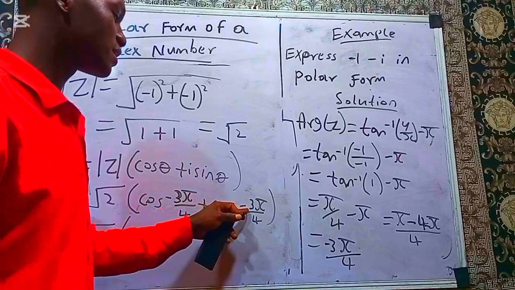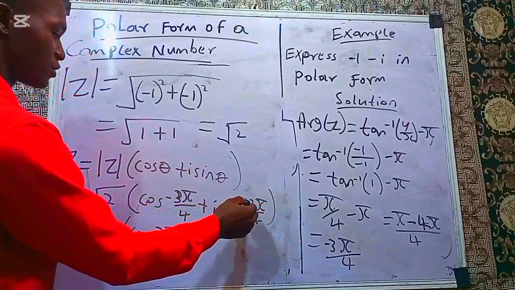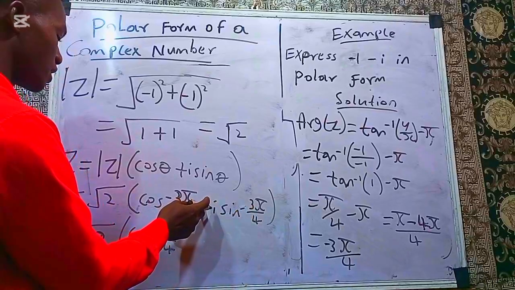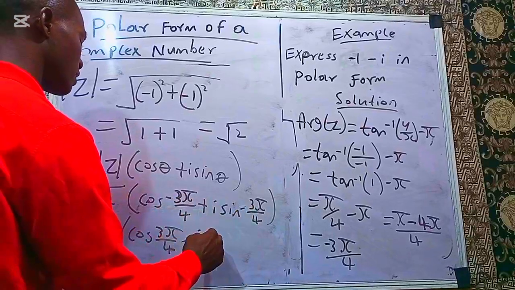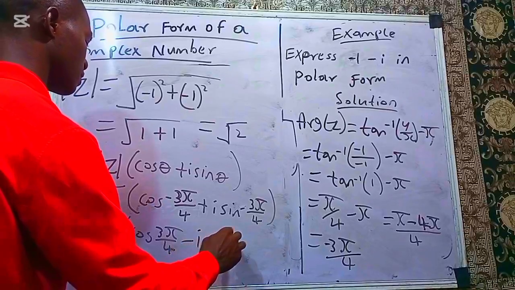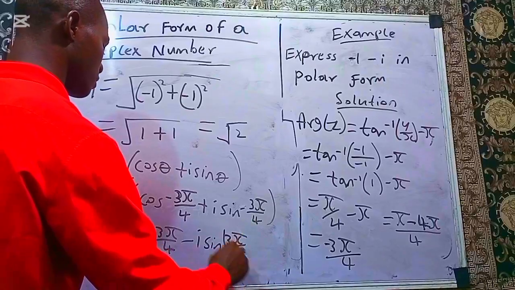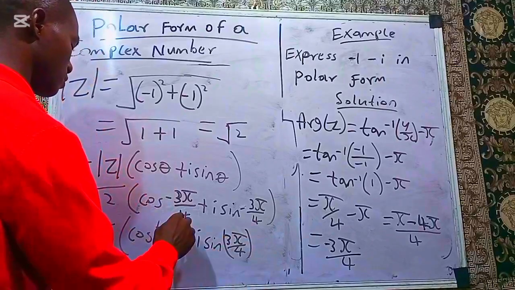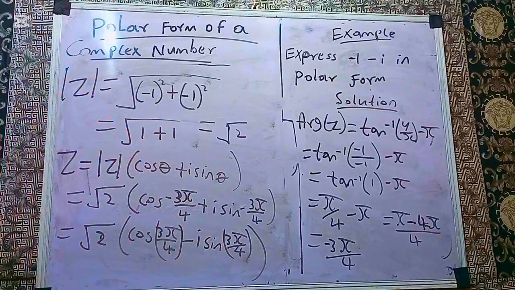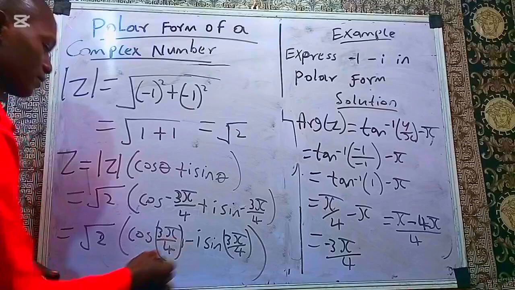Then sine of a negative angle is negative sine of the angle. So we bring out this minus here, and when we bring out this minus, it will change this plus to negative. So we have negative i sine 3 pi over 4. So this gave us the required answer to this question.